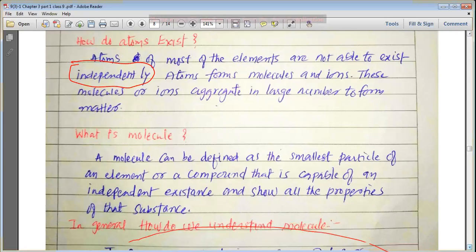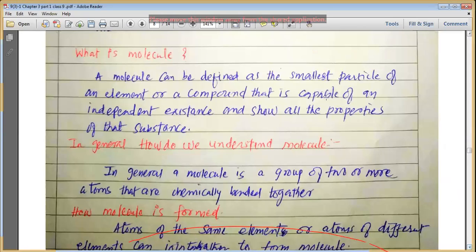When atoms combine, they form molecules or ions. These ions and molecules again aggregate and form matter, and that is why each and every matter is made up of atoms. What is a molecule? Now, the next thing that we need to understand is the molecule.